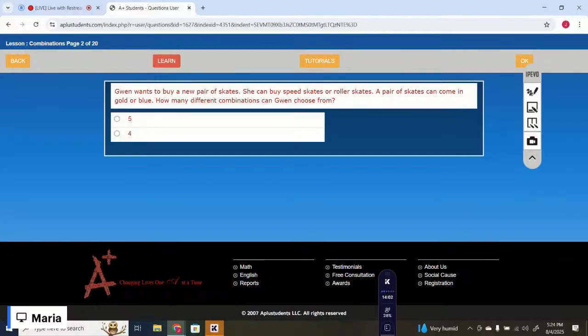Kevin wants to buy a new pair of skates. She can buy speed skates or roller skates. A pair of skates can come in blue or gold. How many different combinations can Gwen choose from?